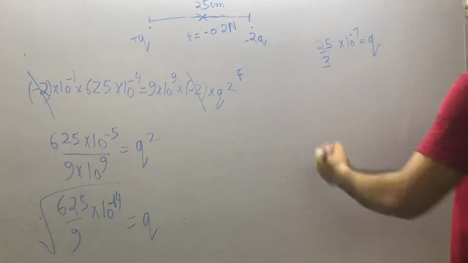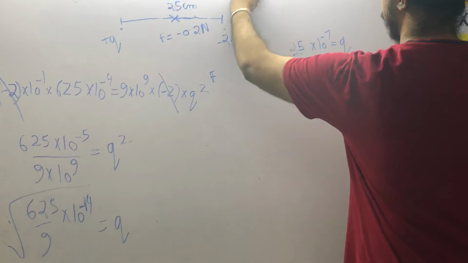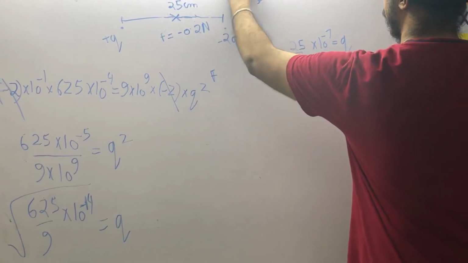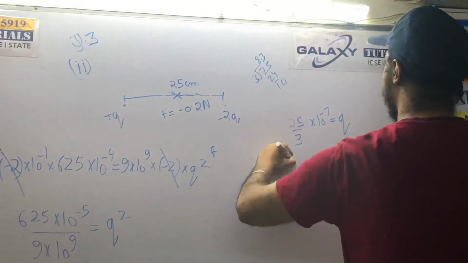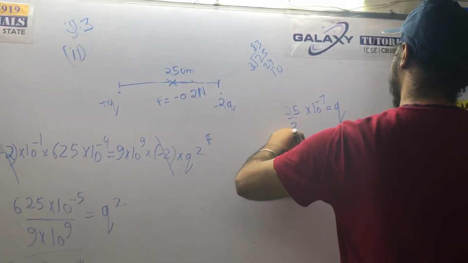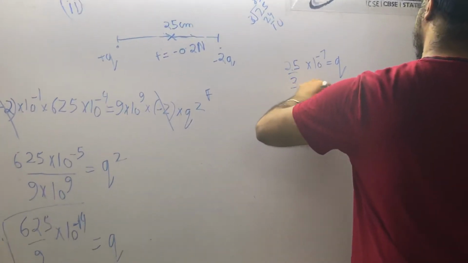So Q comes out to be approximately 8.3 into 10 raised to the power minus 7 coulomb.